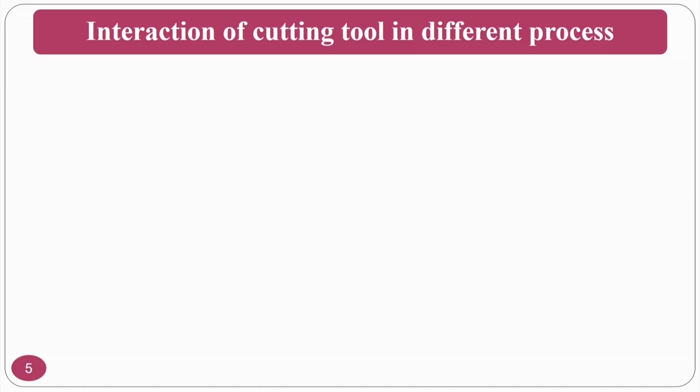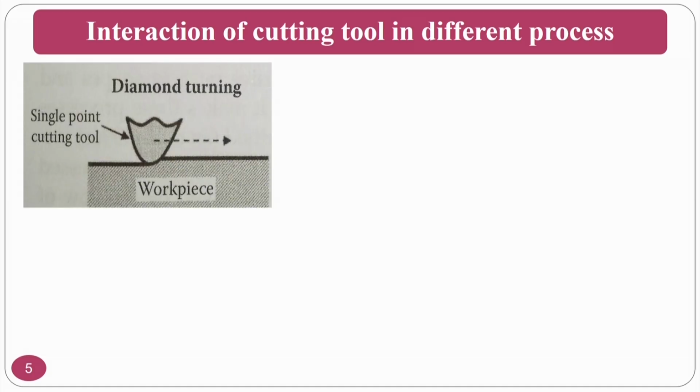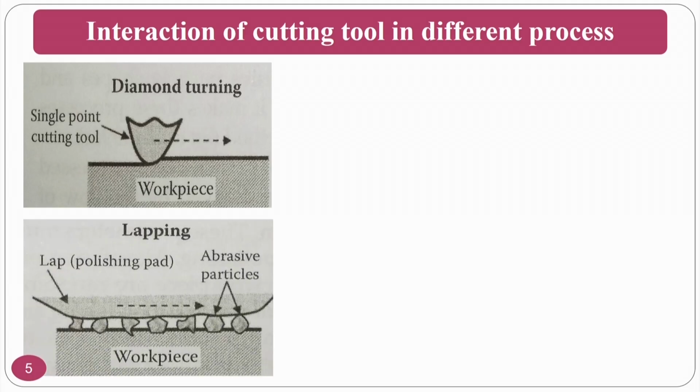Interaction of the cutting tool in different processes: how the cutting tool will interact. You can generate mirror surfaces using the diamond turning process, as well as by the lapping process.